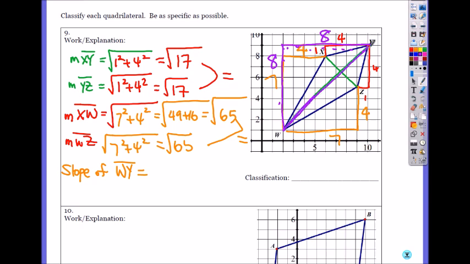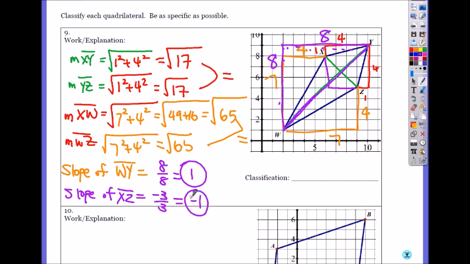So what's the slope? 8 over 8, rise over run, which is 1. Then this slope must be what? It should be -1 if it's perpendicular. Is it? Down 3, run 3. So the slope of XZ is -3 over 3, which is -1. Are they opposite reciprocals? 1 over 1 and -1 over 1, so yes, they are perpendicular.